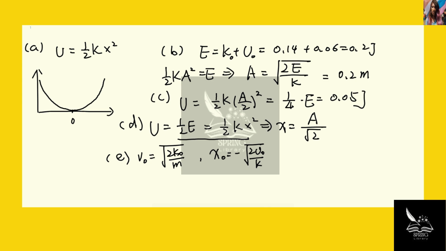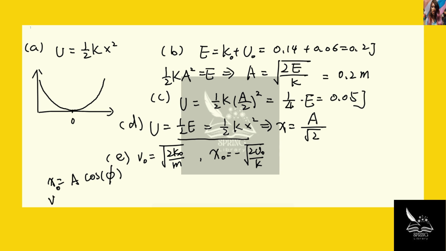So we know that the position is amplitude times cosine omega t plus phi, right? The initial position is when t equals 0, so you have phi here.